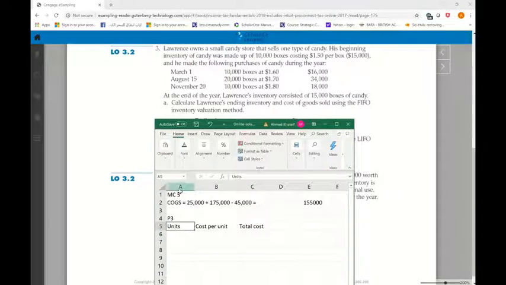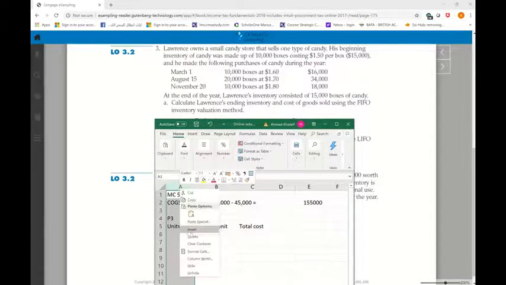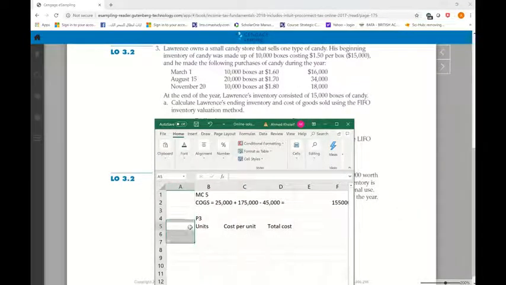We need also another column about the date. First we have beginning inventory. The number of units is 10,000, the cost per unit is 1.5 per box, and the total here is 15,000.